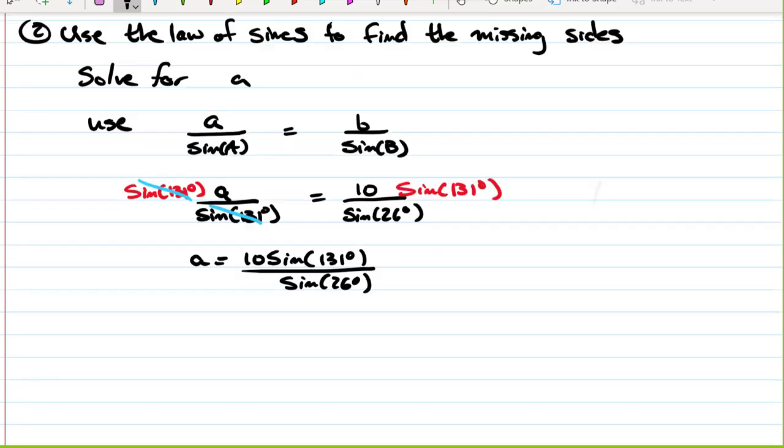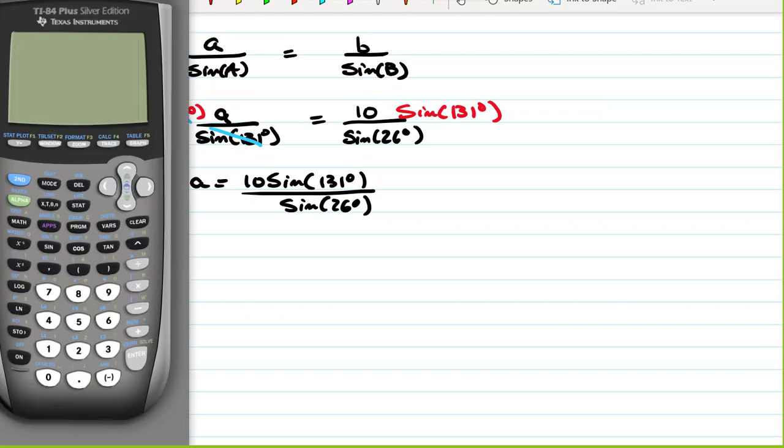So now we grab our graphing calculator and we start typing. We have 10 times the sine of 131 over sine 26. I press enter, and I get that the side A is negative 10 centimeters.